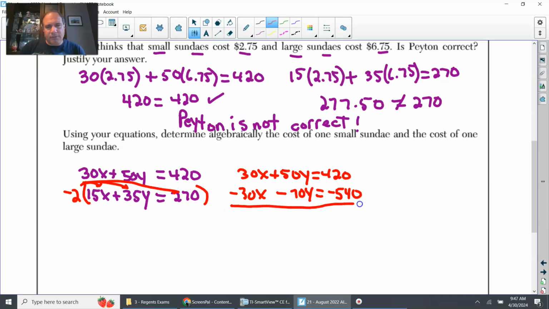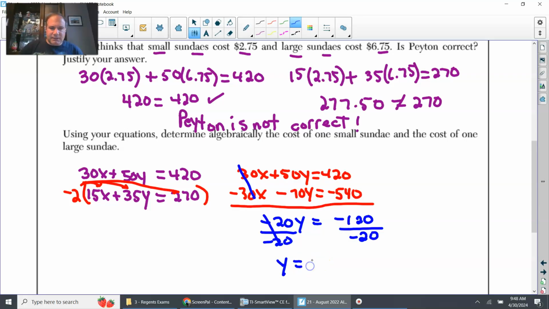Then I cancel out the x's, which is what you wanted to do. And then this is -20y equals -120. Divide by -20 on both sides. So y equals 6 large sundaes.